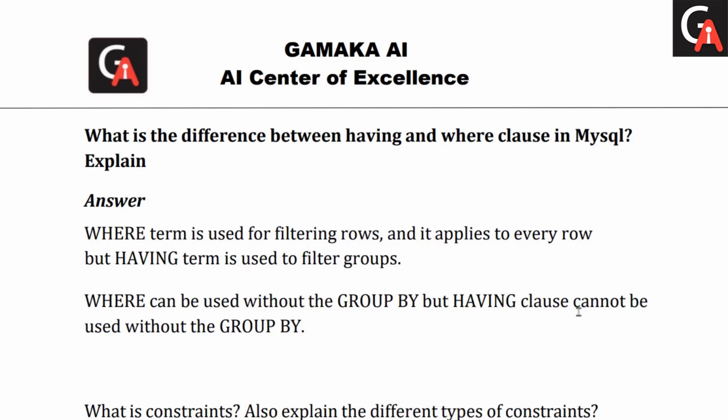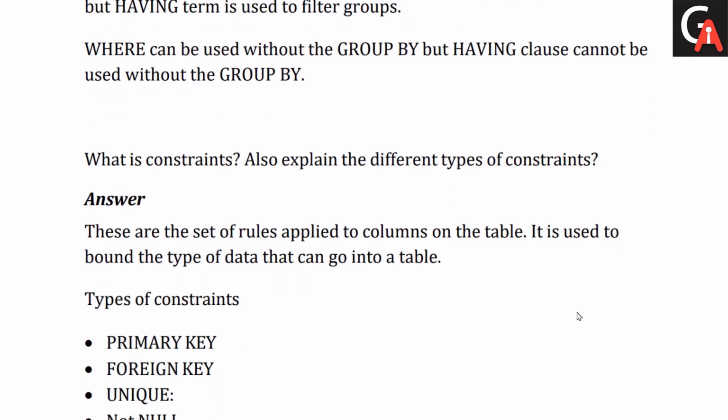Then there is the execution order. Where is executed before the group by, having is executed after the group by. So there are various differences between the where and having clause. Getting it or not? Okay, so let's look at the other question.